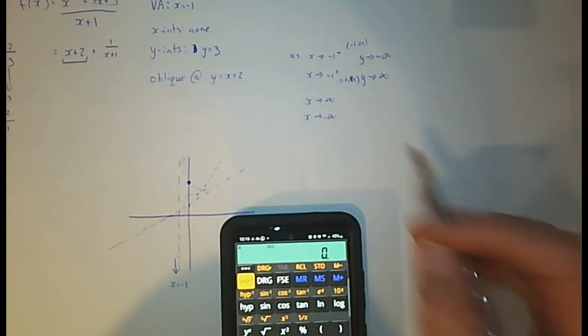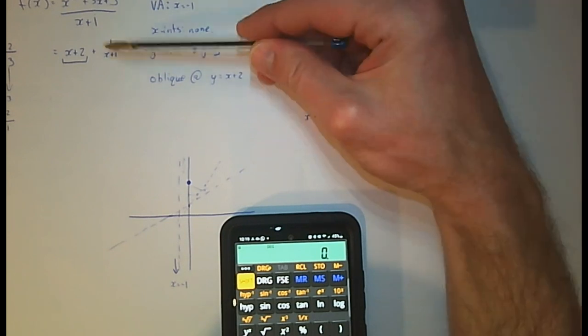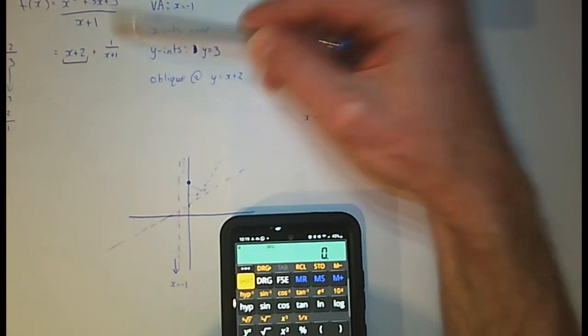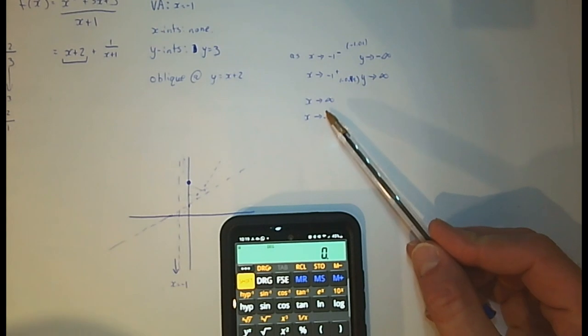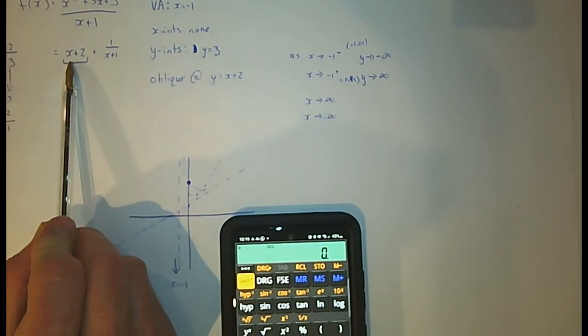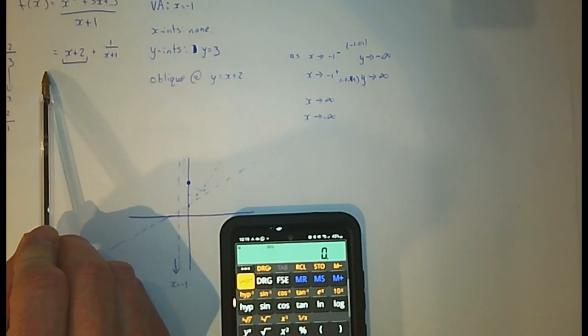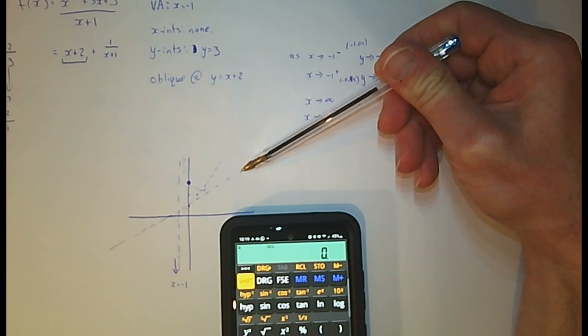For testing as x approaches positive infinity, I am just going to test this portion because I could easily plug in. Okay, so let's say I pick a big value of x, like 10,000. I can add 2 to that. I'm perfectly capable of that. So I know it's going to be 10,002. What I don't know is where this line that is the oblique asymptote, what's it going to be at that point?